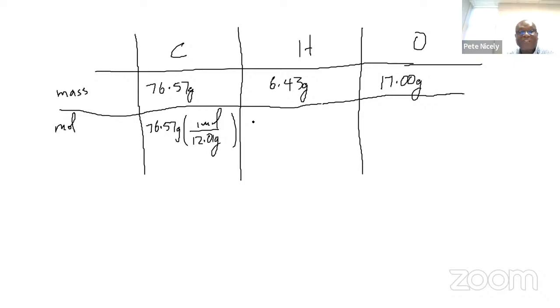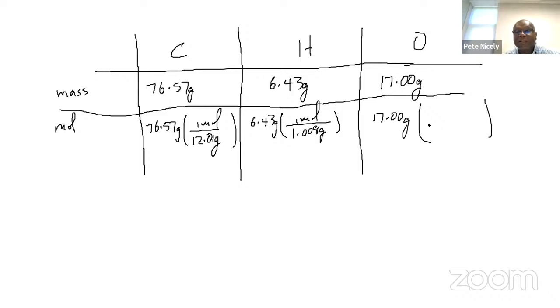In the case of hydrogen, it's 6.43 grams multiplied by 1 mole over 1.008 grams. And then finally, in the case of oxygen, it's going to be 17.00 grams multiplied by 1 mole divided by 16.00 grams, all right? And then you have to work out each of these on your calculator.